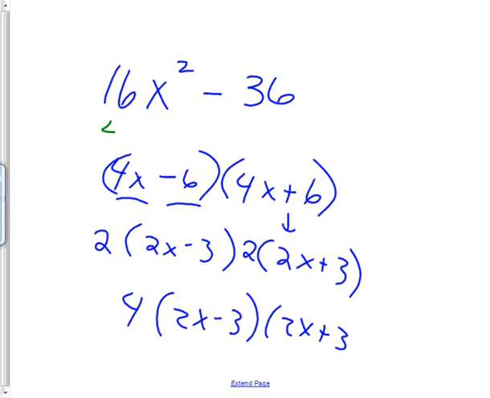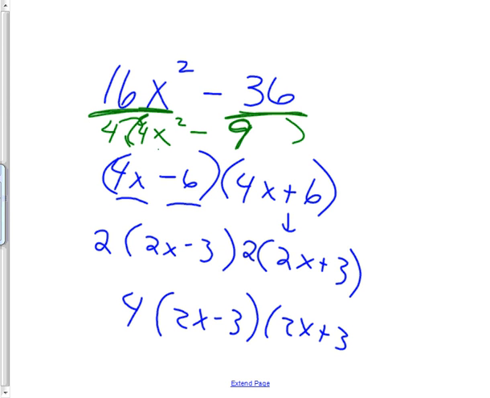Put a 4 out at the beginning, and had 4x squared minus 9, and then that would have split into the, sorry, I'm wrong, 4x squared. Now, I know some people are confused probably because I just screwed that up, but watch. See how 16 and 36 both have a 4 in them? 4 times 4 makes 16, and 4 times 9 makes 36. That's why I can take the 4 out at the beginning.